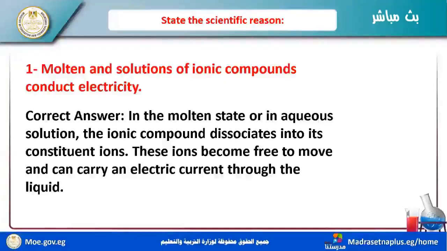For example, NaCl dissolved in water dissociates into Na positive and Cl negative. These ions become free to move and can carry an electric current through the liquid, so it is a good conductor of electricity.